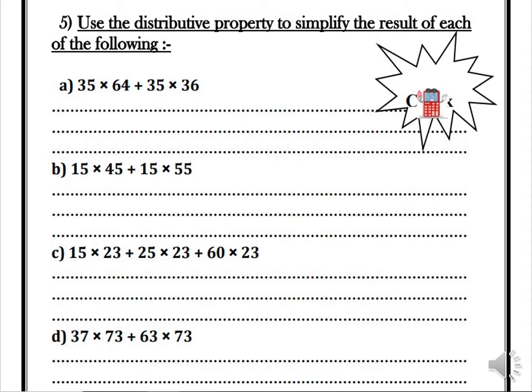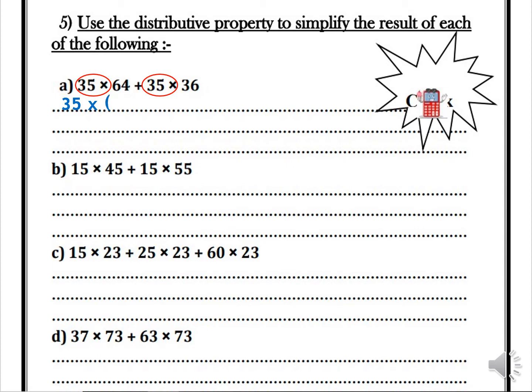Number 5. Use the distributive property to simplify the result of each of the following. Let's remember together the distributive property. Here I have to collect. In letter A, 35 times 64 plus 35 times 36. I will collect the repeated number. What's the repeated number here? 35 times. So I will write it only one time, 35 times.